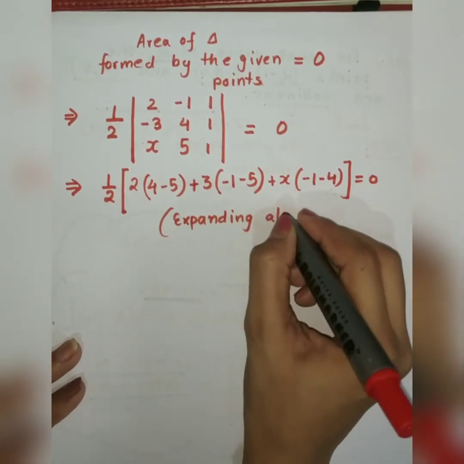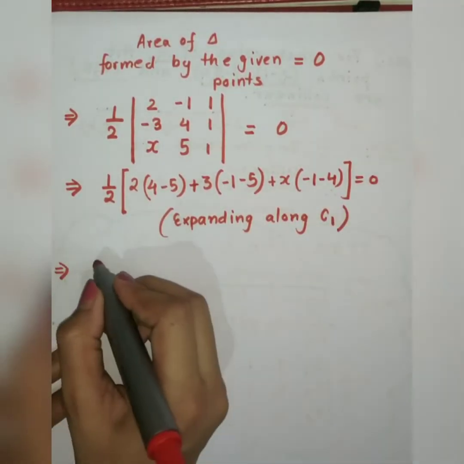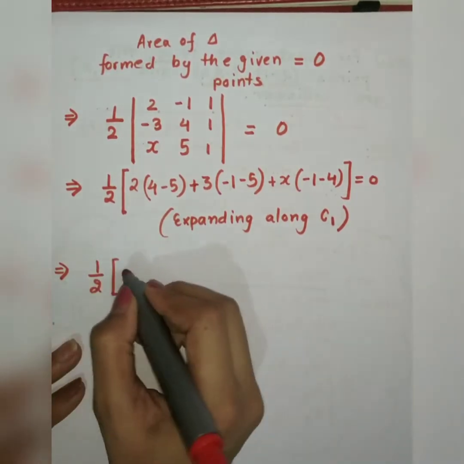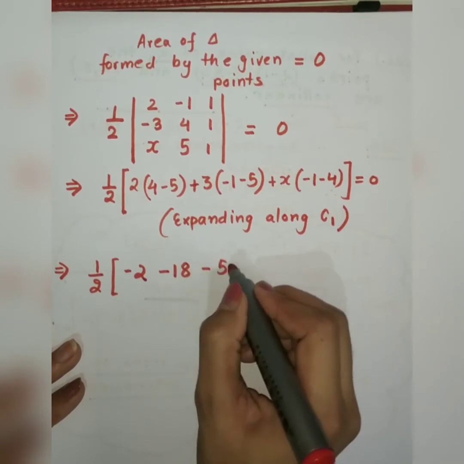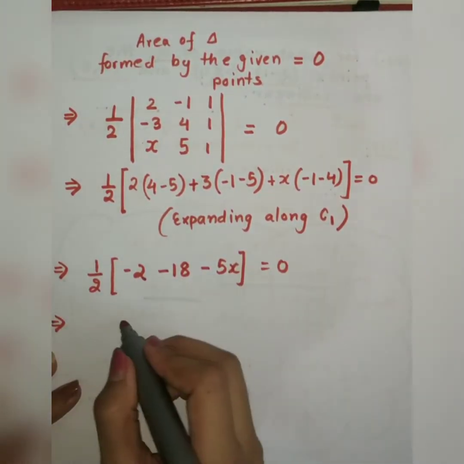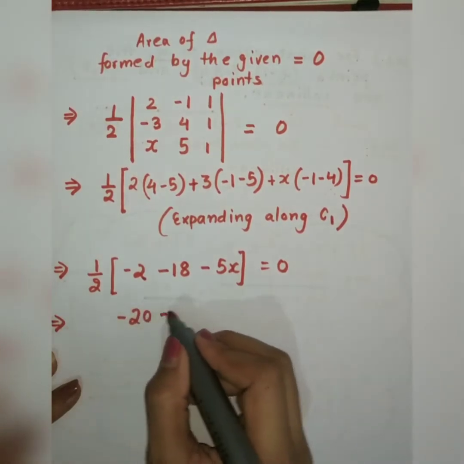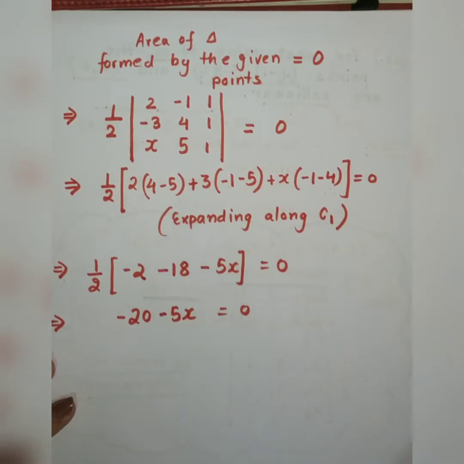Expanding along column C1, this implies half of (-2 - 18 - 5x) is equal to 0, which implies -20 - 5x is equal to 0. This 2 will go here, so 2 into 0 is 0.